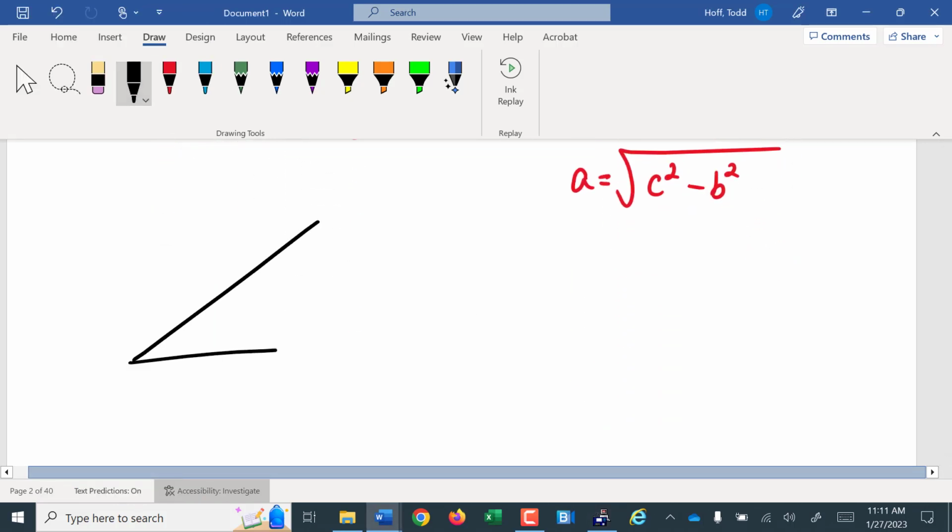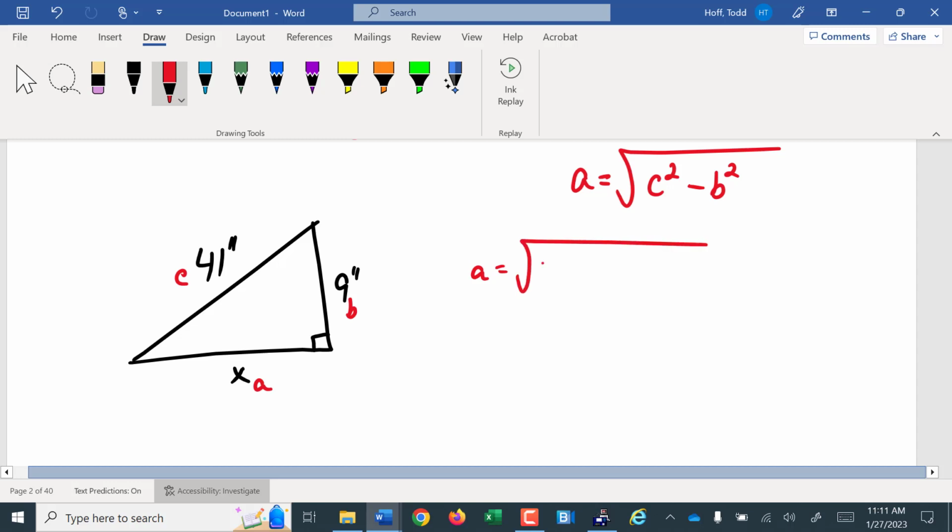So on this triangle, give me another number between 5 and 20. 9. So it says 9 inches and 41 inches. Find that missing side for me quick. Perfect.